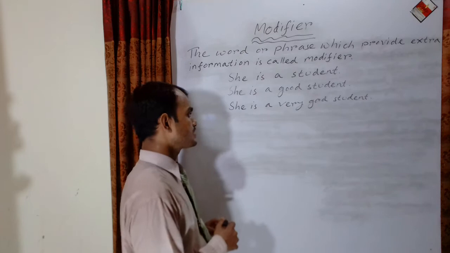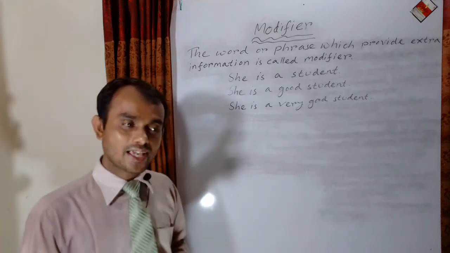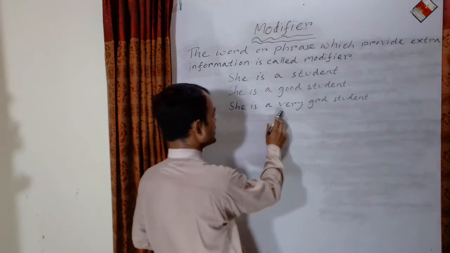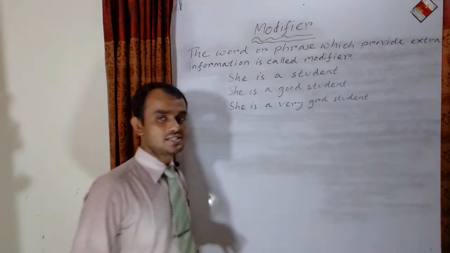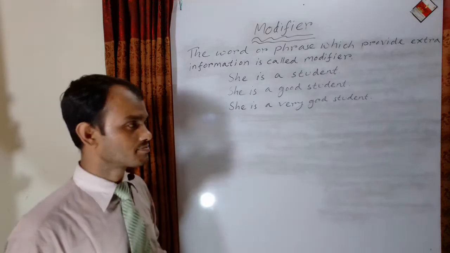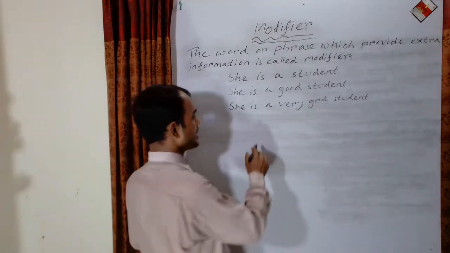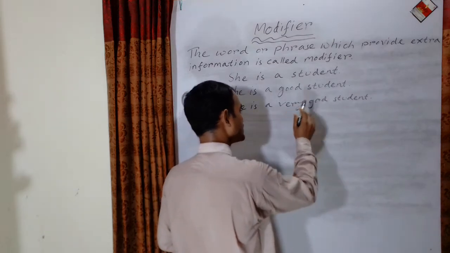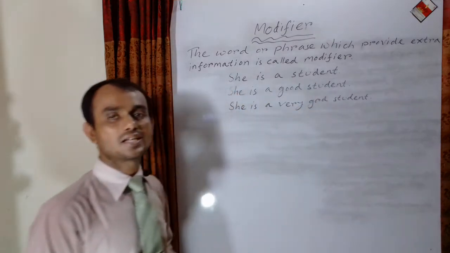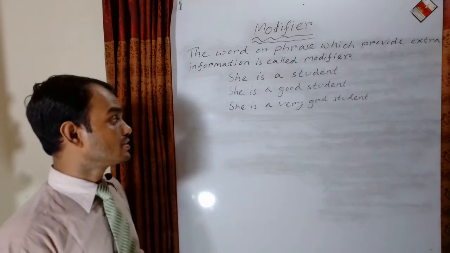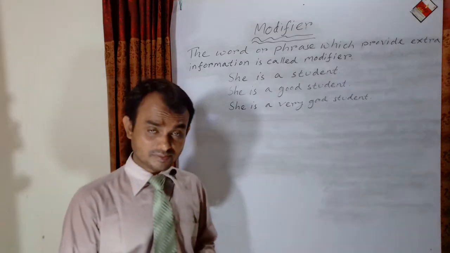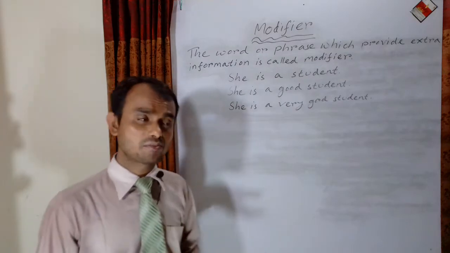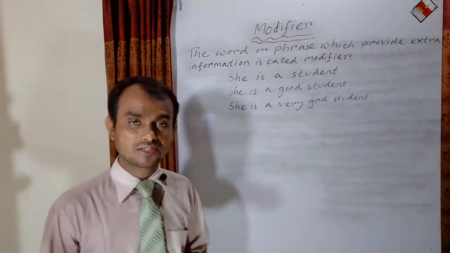Okay, I have written the same sentence again, adding something. The sentence is, she is a very good student. Dear students, I have again added another word called very in this sentence. The word very is also giving another extra information to the noun student.